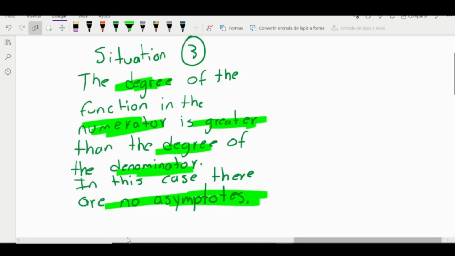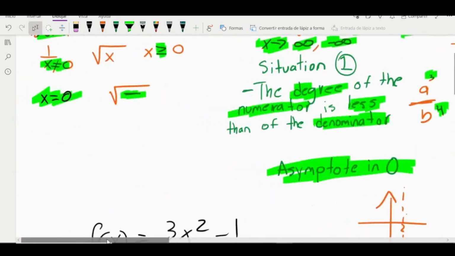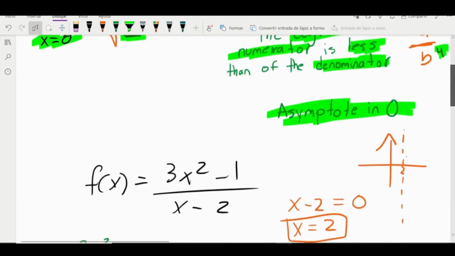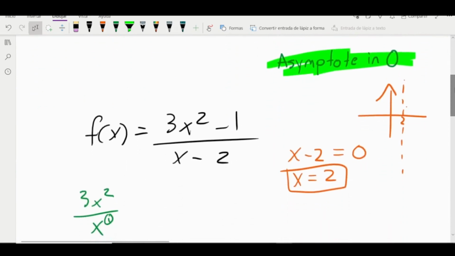Let me show you some examples so you can understand better how this works. Let's say we have the function 3x squared minus 1 divided by x minus 2. First, let's try to find the vertical asymptotes. We need to avoid the 0 here.